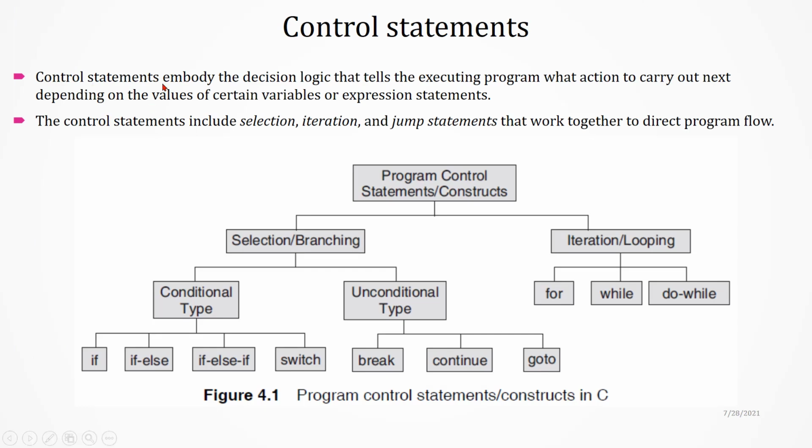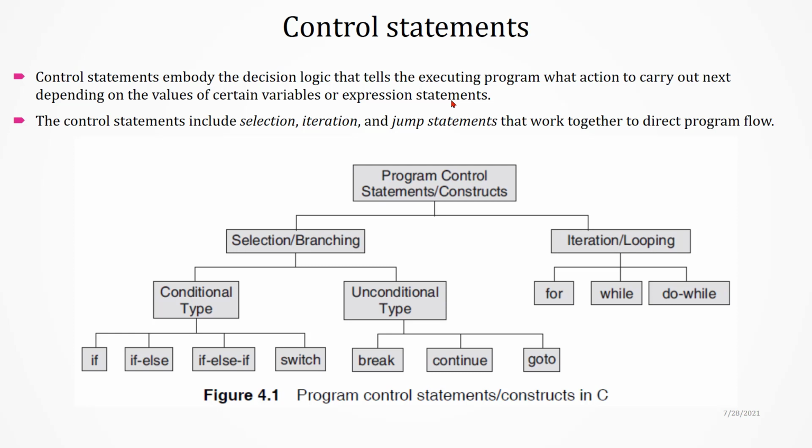Control statements embody the decision logic that tells the executing program what action to carry out next depending on the values of certain variables or expression statements. So here we are making some decisions based on some expression values or variable values.